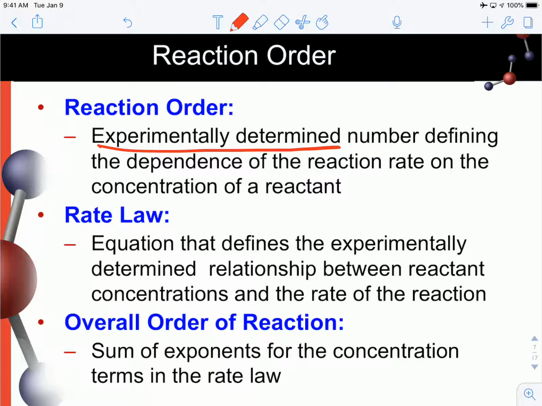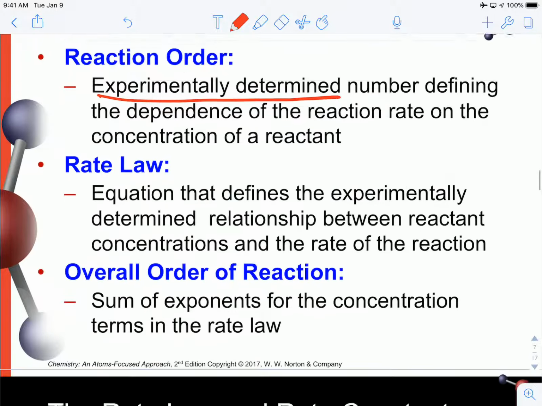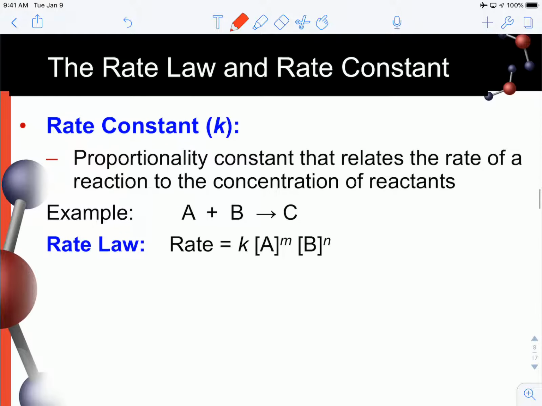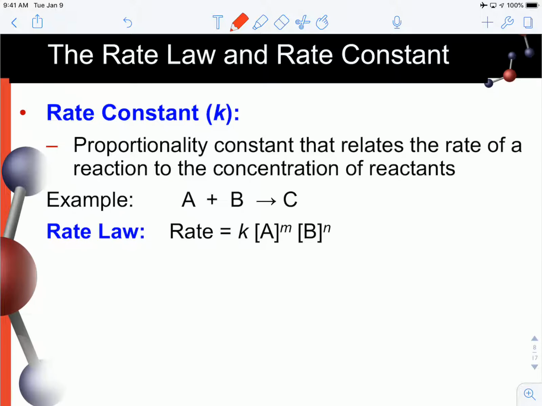The rate law is ultimately just an equation you write that includes the concentrations and the orders and a description of that reaction overall. The overall reaction order is the sum of the exponents for the concentration terms in the rate law. That becomes easier to look at in an actual rate law than to picture in your head. So we have reaction A plus B going to C. Here's my rate law.